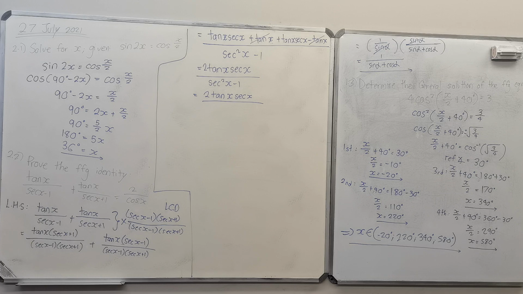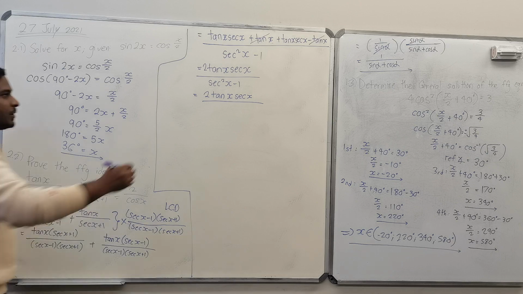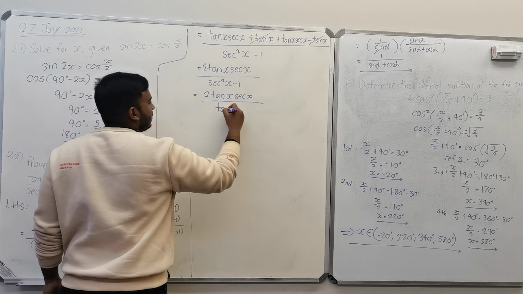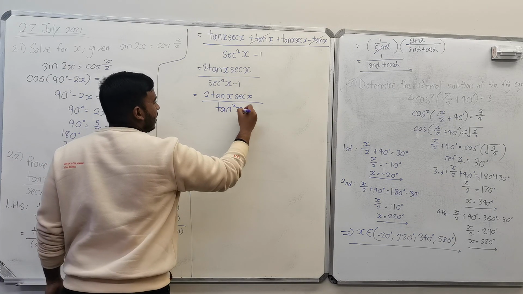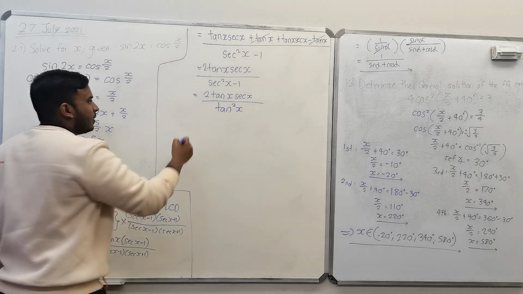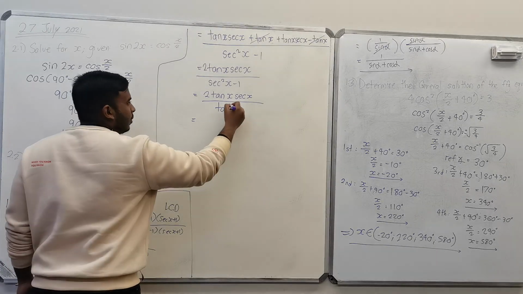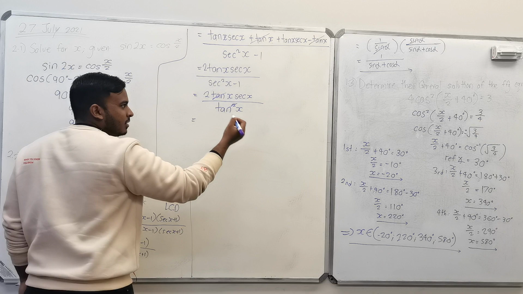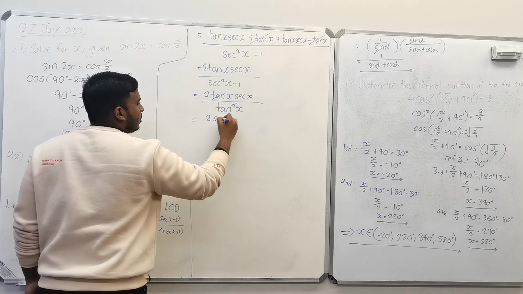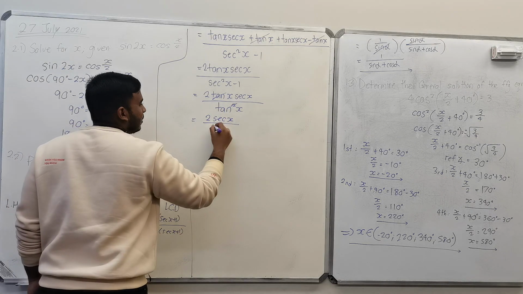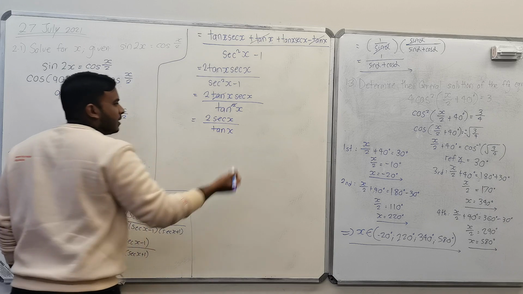If you make tan squared x the subject of the formula, you're going to end up with tan squared x is equal, tan squared of the angle is equal to sec squared of the angle minus 1. So we can replace that with that, isn't it? Okay, so this would become tan squared x, which is equal to, so 1 and 1 cancel. Right? You're left with 2 sec x all over tan x.